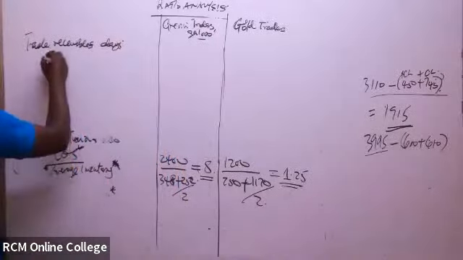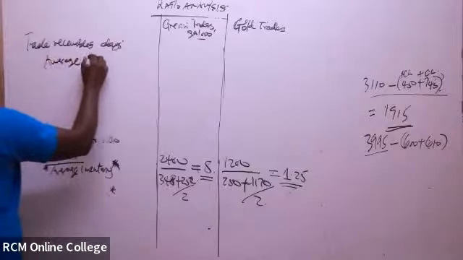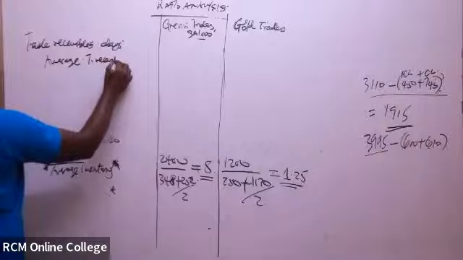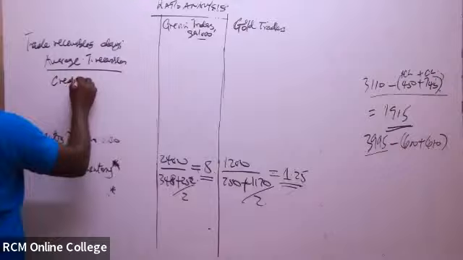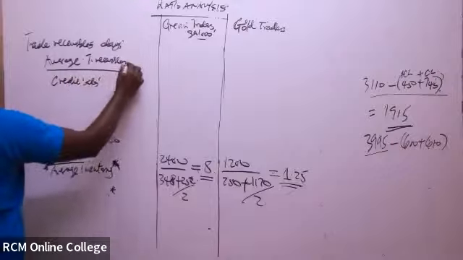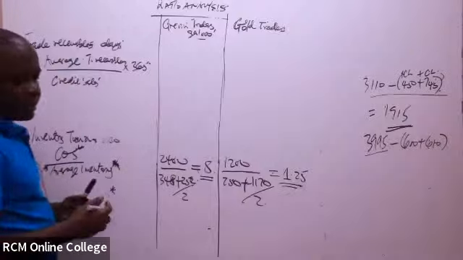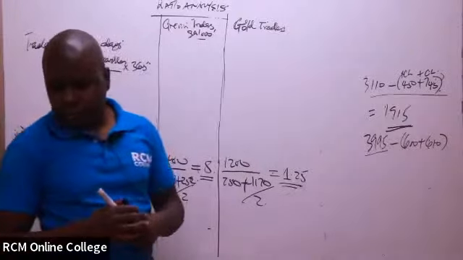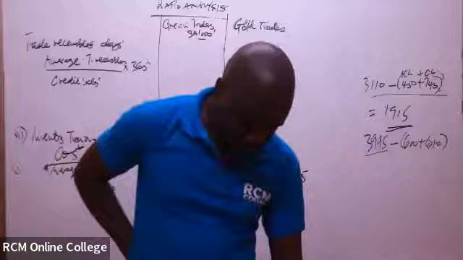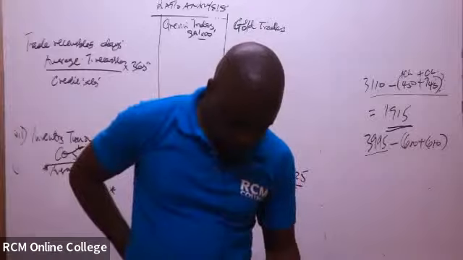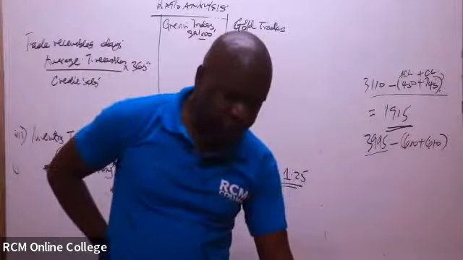You need to confirm that this is the correct formula: the average trade receivables multiplied by 365 over the credit sales.